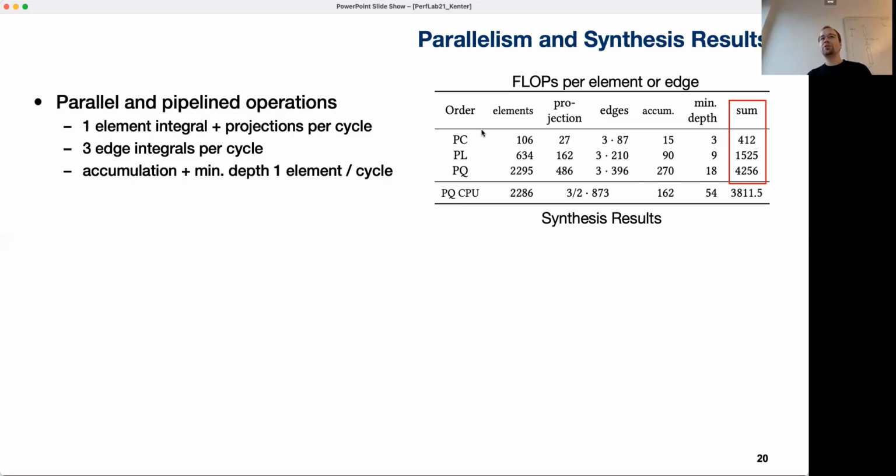So if we sum these operations performed in these kernels up, so that's only the floating point operations, we see that, for example, for piecewise constant, there are around 100 flops to be done per element, then a couple of floating point operations for the projection, 3 times 87 operations for the edge kernel, and a few more for the further kernels, summing up to 412 operations that we ideally do in each cycle in the piecewise constant implementation, and going much higher in the piecewise quadratic implementation, more than 4,000 operations that should be performed in each cycle.